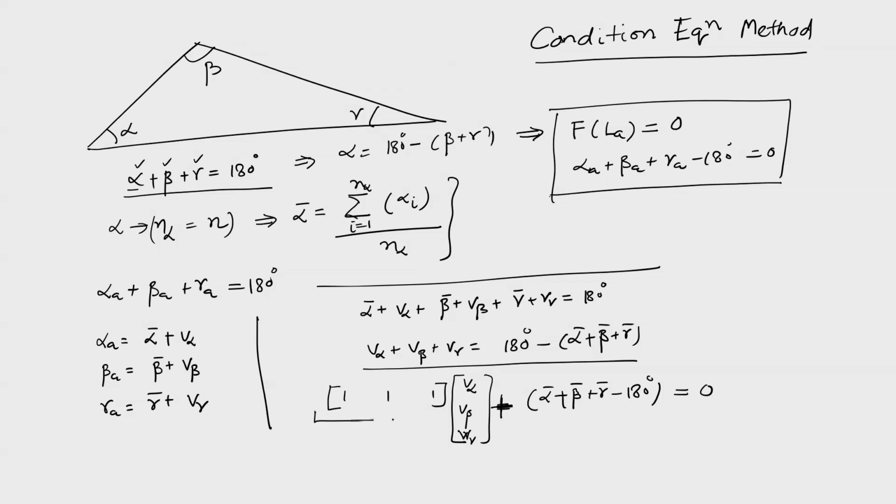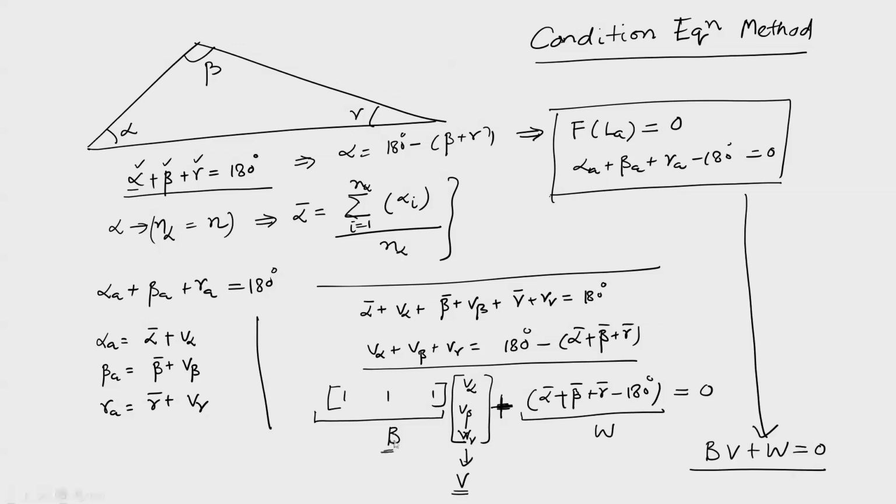So, this becomes the B matrix, this becomes the V matrix, and this becomes the W matrix, which we call the misclosure or W matrix. So, I am writing the form BV plus W equals 0 for the condition equation method.